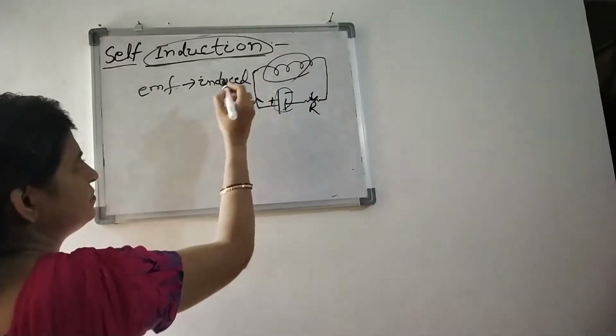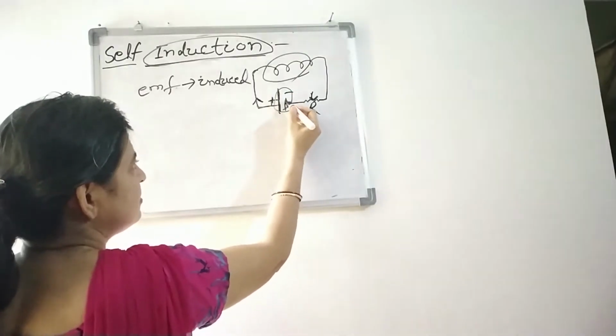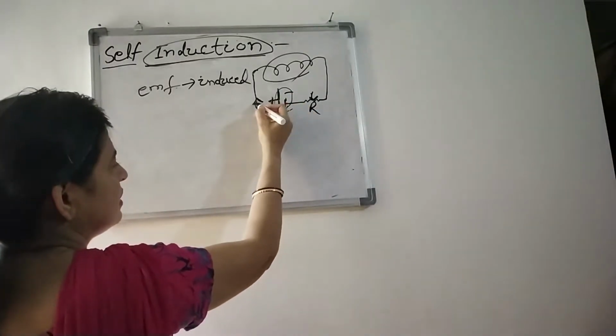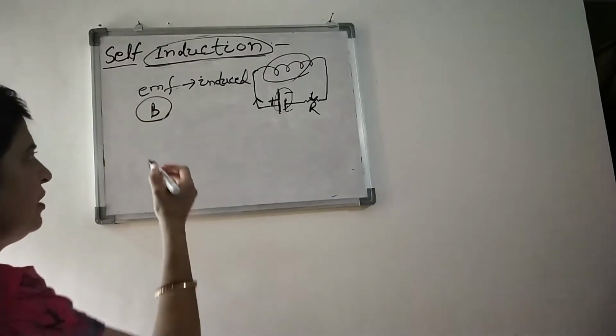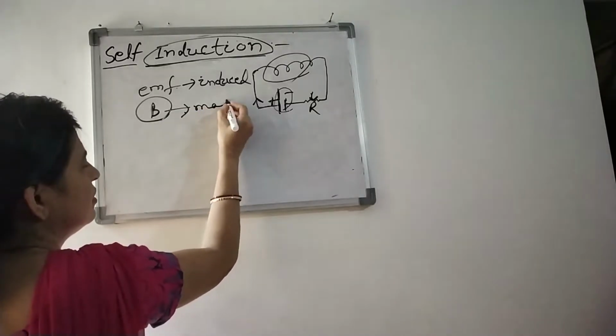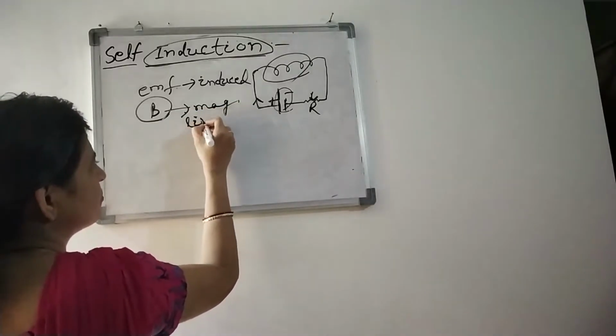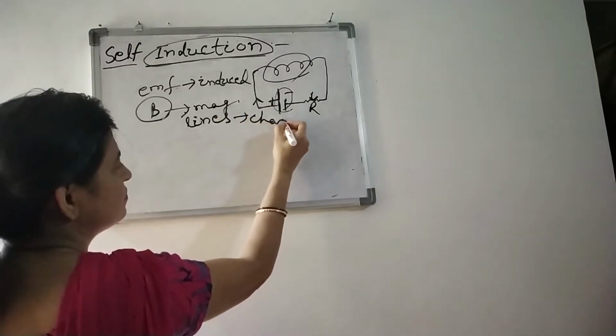Why? When the current is changing, then the magnetic field will also change. When the magnetic field changes, that means the magnetic lines of force will also change.